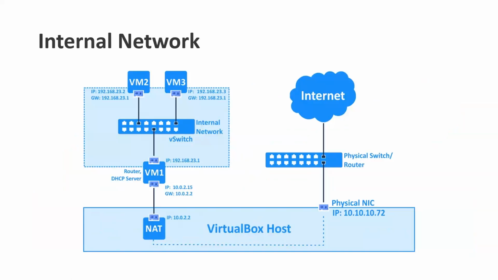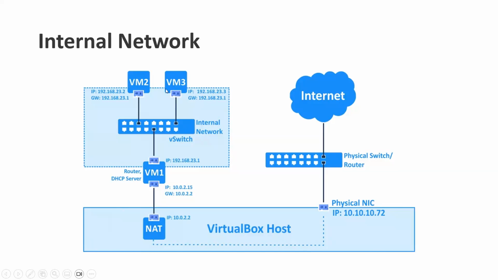And the other one that we have, internal network, basically is the connection between two VMs. And here you're setting your own IP addresses actually on the VMs. What you see here is that VM2 has 192.168.23.2 and VM3 is 23.3.